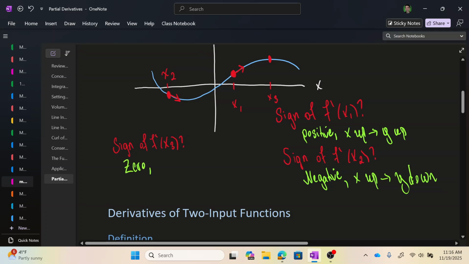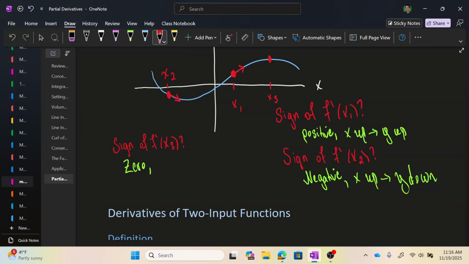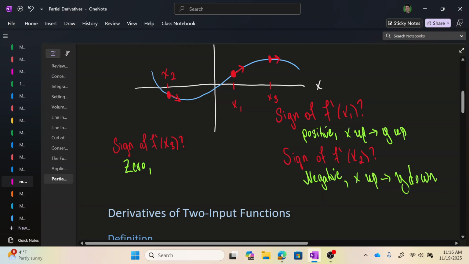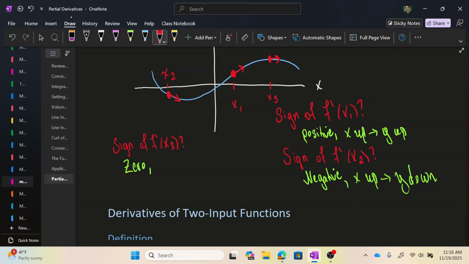And that's because at this location, if I increase x ever so slightly, my y values don't really change at all. If I'm located here at a local maximum or at a local minimum, the tangent line to the graph is horizontal. A very small increase in x results in essentially no change in the values of y.